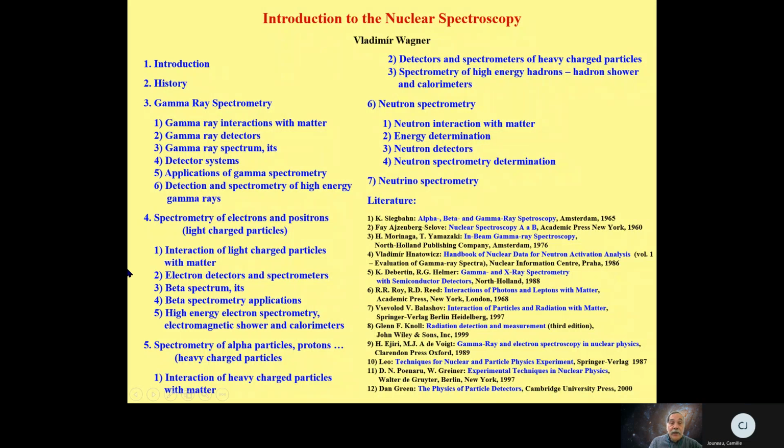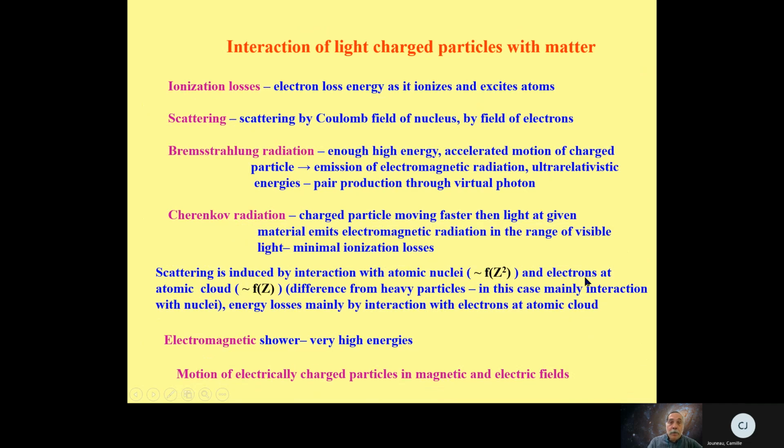And as I said, we will now continue with spectrometry of electrons and positrons. That means light charged particles. And the first part will be about interactions of these particles. There are two main possible interactions.